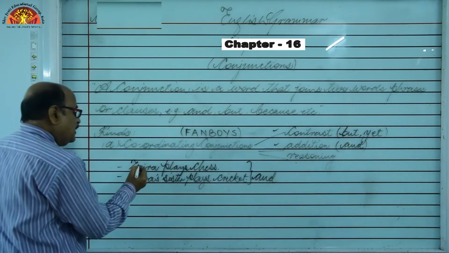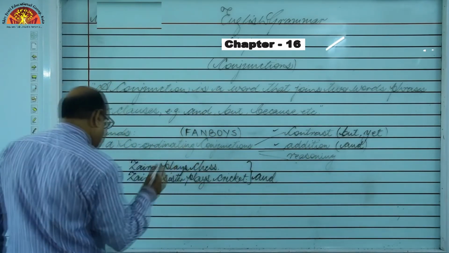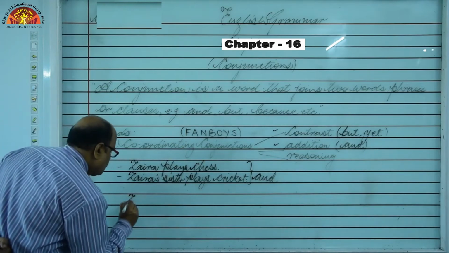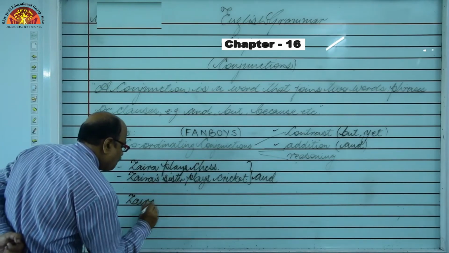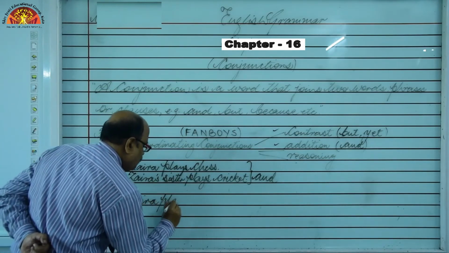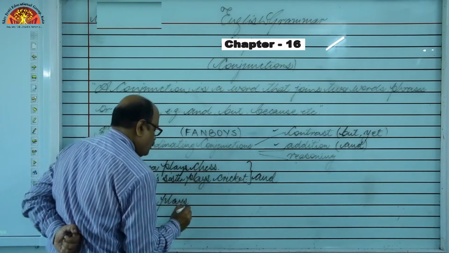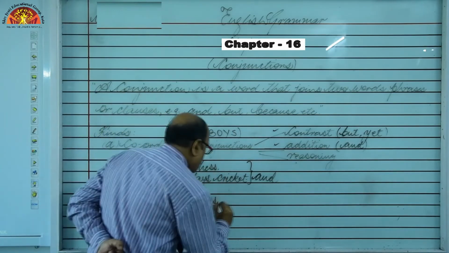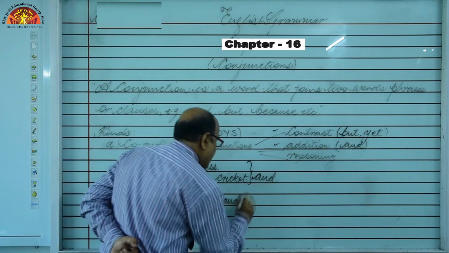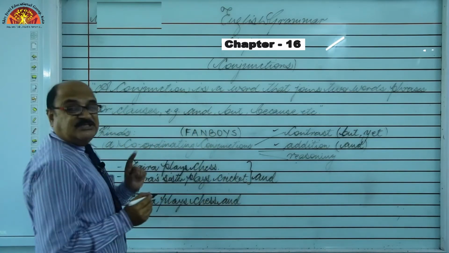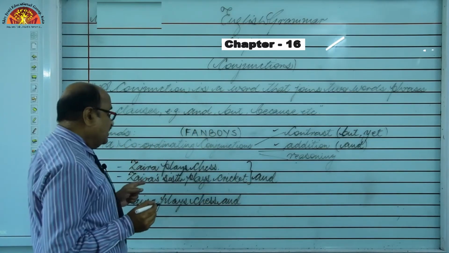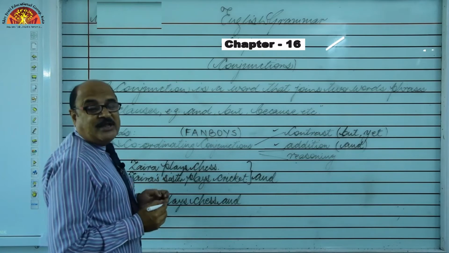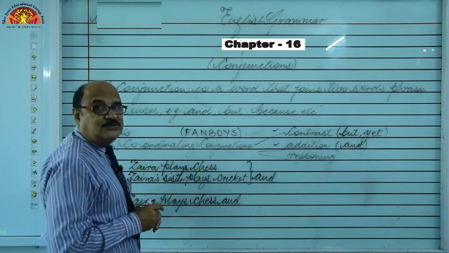So, what to say? Zaira plays chess. And now Zaira's sister we will not repeat. So, to avoid the repetition of noun, what to use?